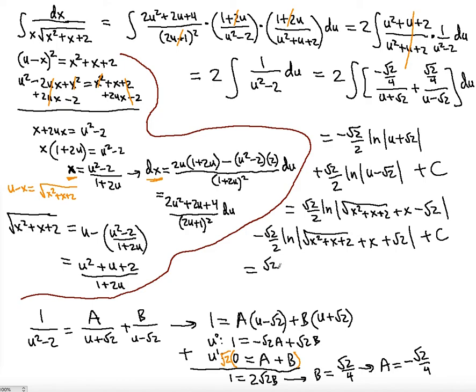You can take the radical 2 over 2 out, then combine everything into one ln expression, the ln of the quotient: square root of x squared plus x plus 2 plus x minus radical 2, over the square root of x squared plus x plus 2 plus x plus radical 2, absolute value closed, plus a constant.